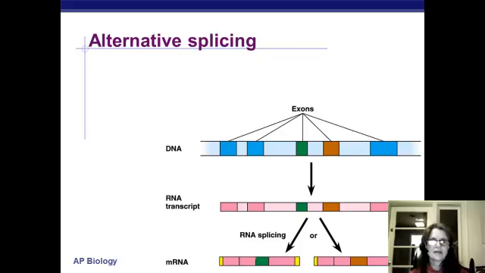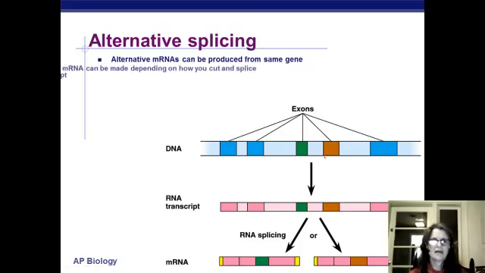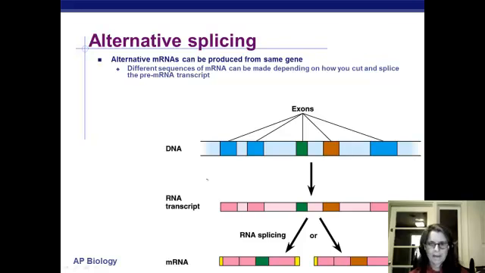All right, so here's another idea that's going to complicate things: alternative splicing. Depending on what you decide to cut out of a stretch of DNA, you can get an entirely different gene. If you look at this, for example, here are our exons, the brightly colored things here.